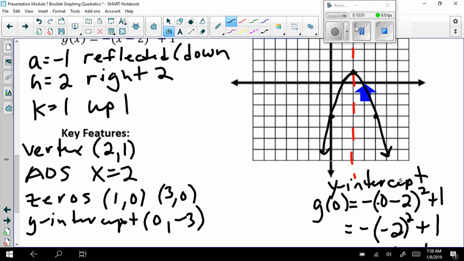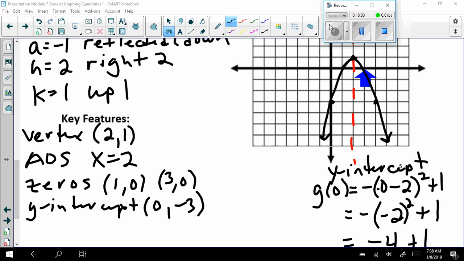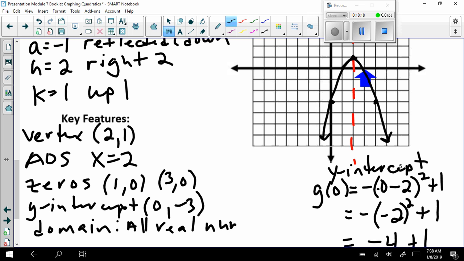And what key feature am I missing? Domain and range. So my domain, remember your domain is your set of x values, and your domain for parabolas without context will be all real numbers. And then my range, this one opens down.